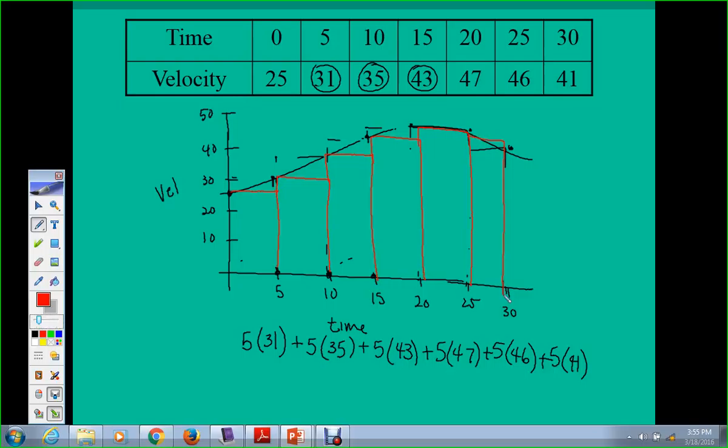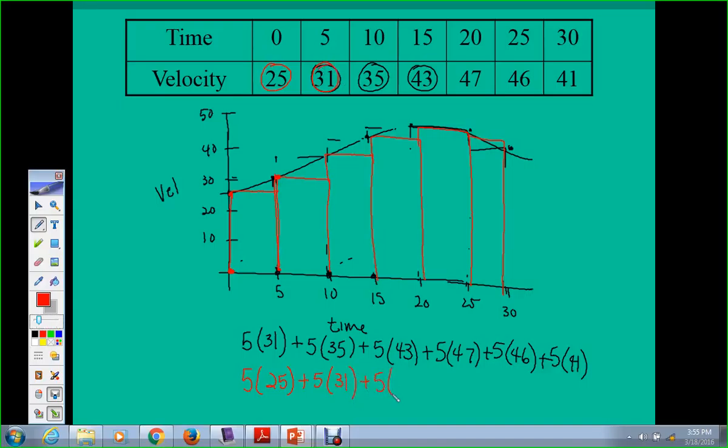And if we were to do these calculations, still the width is 5 times, but now notice we're going to be using this value. This is the height of the rectangle now, so we'd be using 25 instead, plus the width. Now the height of the next one would be when t equals 5, so now we'd be using 31.